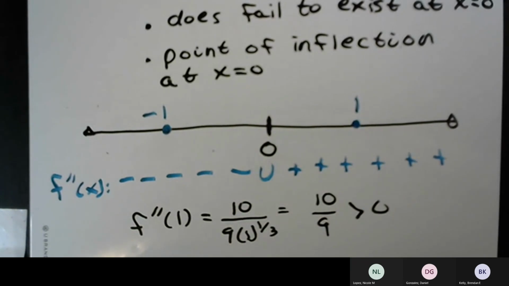So what this tells us is this. Because the second derivative is negative on this side of 0, it's concave down. It's positive here, so it's concave up. And this here, where f double prime of x is undefined, that's your transition point, or your inflection point, between the two concavities.